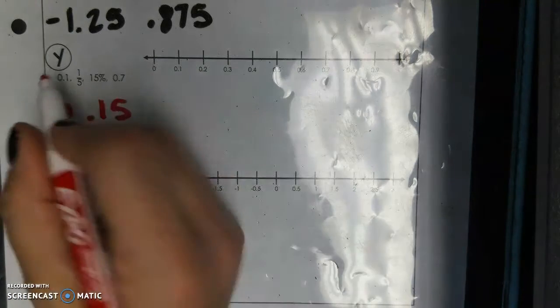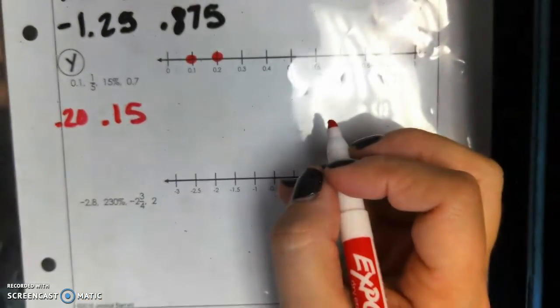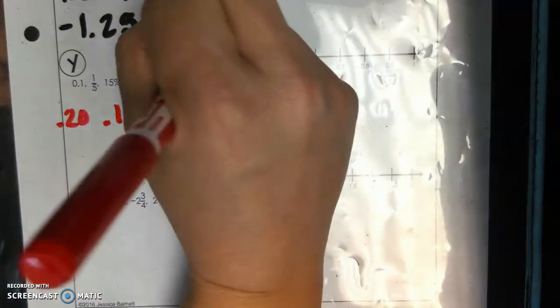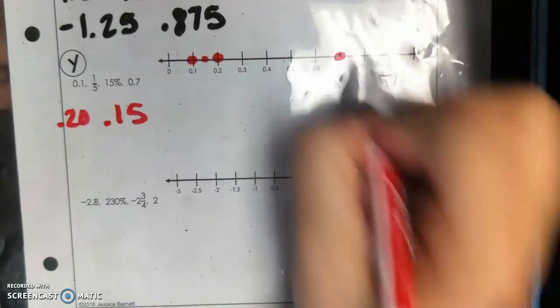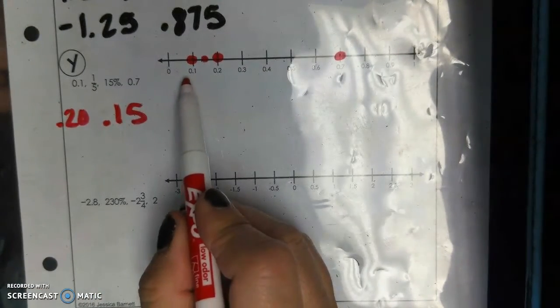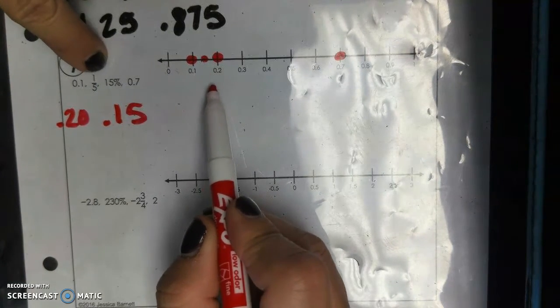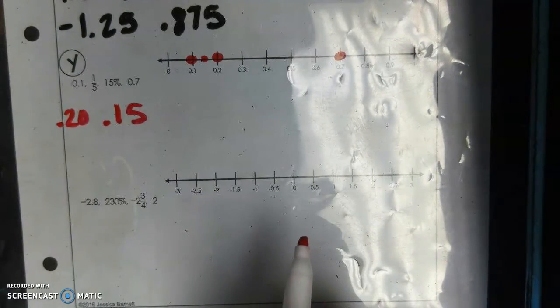So, let's go with the number line. 1/10, 2/10, or 20/100, same thing. Here I've got 15/100. Sorry, it's going blurry. There we go. 15/100 is going to be right in the middle of those two. And finally, 7/10. So 1/10, 15%, 1/5, and finally 7/10, ordered from least to greatest.